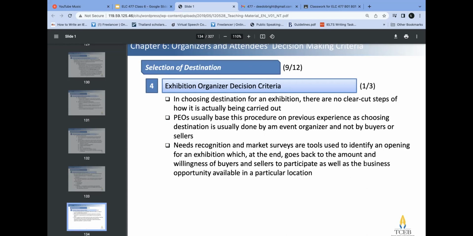And also the business opportunity available in a particular location. We may have to change a bit as it changes from time to time. For example, if an exhibition in the previous place cannot be popular much, we have to change it. For example, if sitting in the hotel is not popular, we have to move to outdoor places for the exhibition here.